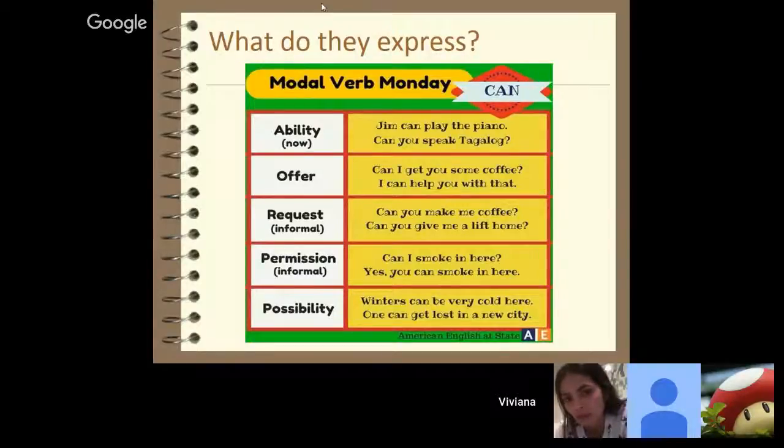Can I help you with the shopping, etc. For a request, we can use it like, can you make me coffee, or can you give me some pills, or can you get me the scissors, etc. For permission, can I smoke here? Can I go to the bathroom or the toilet, etc.? And for possibility, winters can be very cold here.